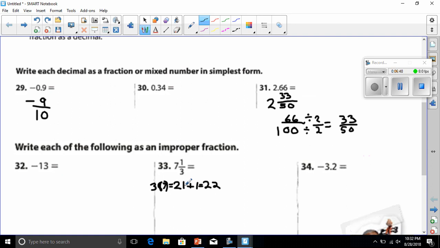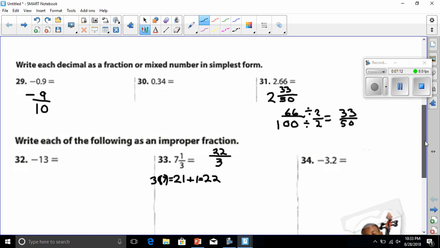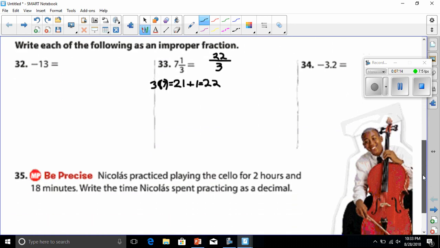And then we had 21 plus 1, which equaled 22. So our answer for this is going to be 22 over 3. Remember, our denominator stays in place. So if we were to break this down later, we'd say, well, 22 divided by 3 would give us 7 1/3.